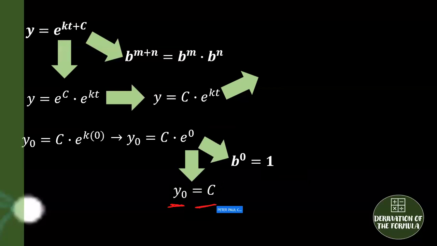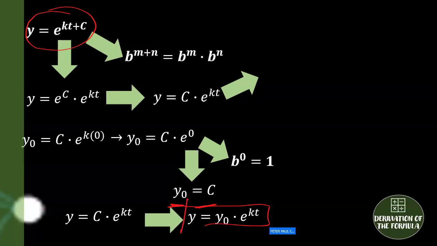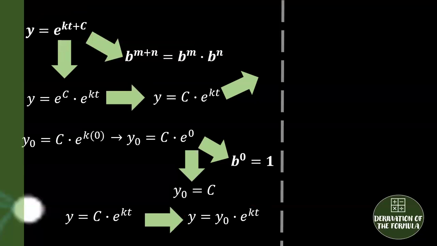And because of that, we can replace this formula as y is equal to c times e raised to kt, or y is equal to y sub 0 times e raised to kt. This is now the exponential model represented using the particular solution.